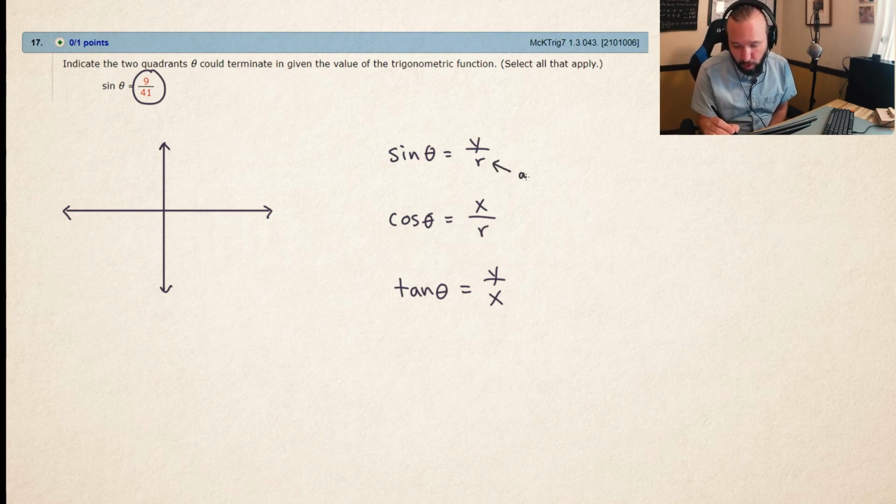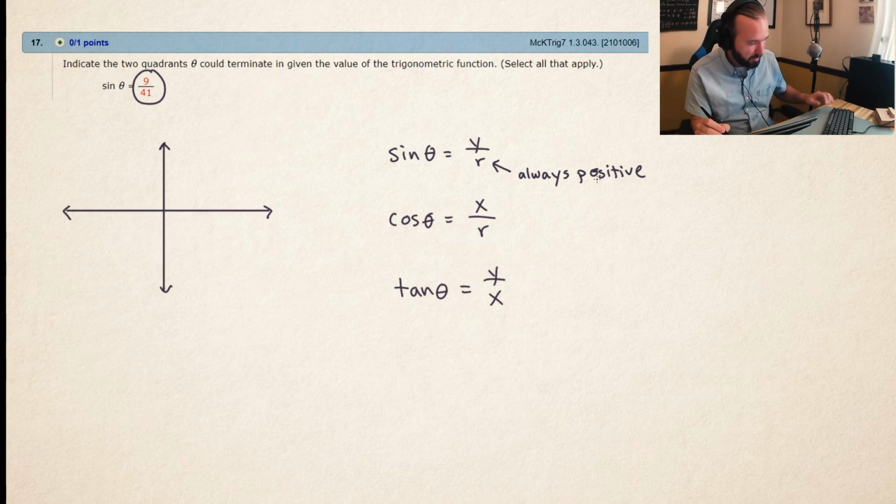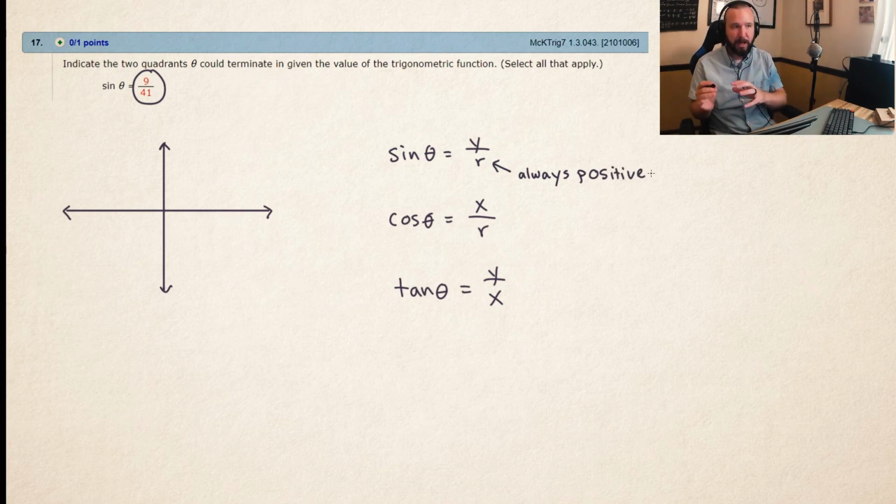Remember, r is always positive. So whether sine or cosine is positive or negative depends entirely on whether x or y is positive or negative. So let's go through each of these quadrants and decide in which ones x and y are positive, and which ones they are negative.